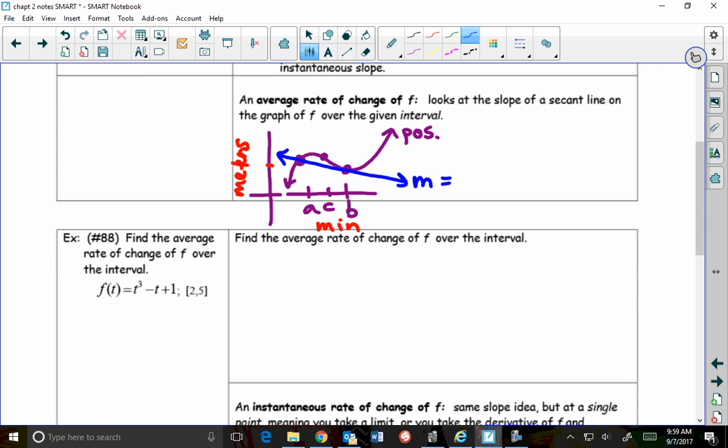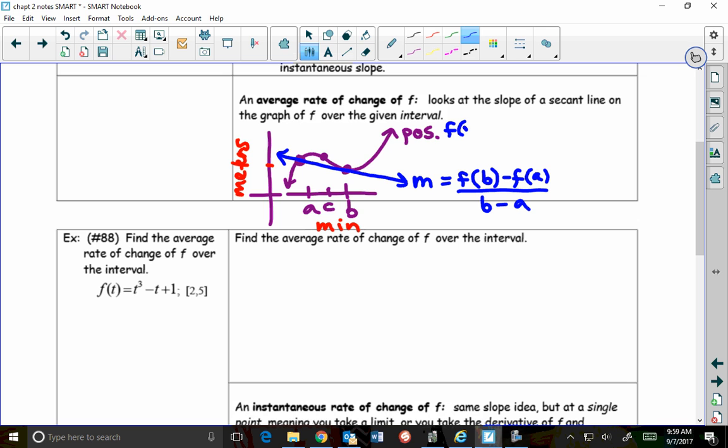Okay, but more in general, it is f of what? Nope, it's not a prime because it's a secant line. So it's like f of b minus f of a over b minus a, where this position is my function f.